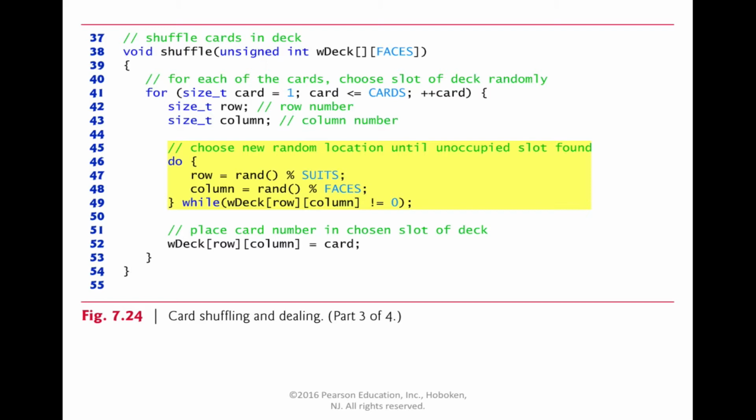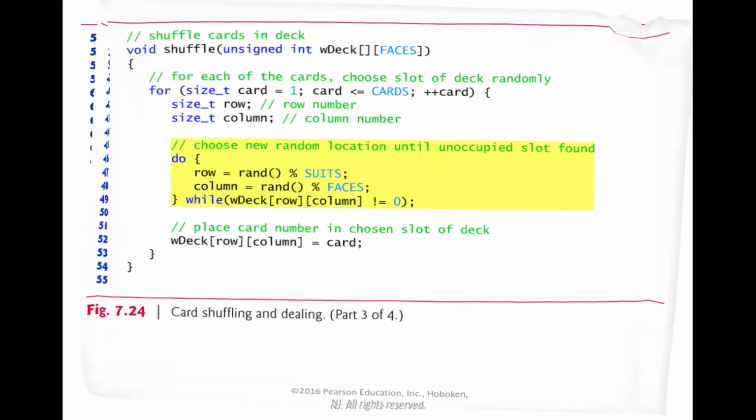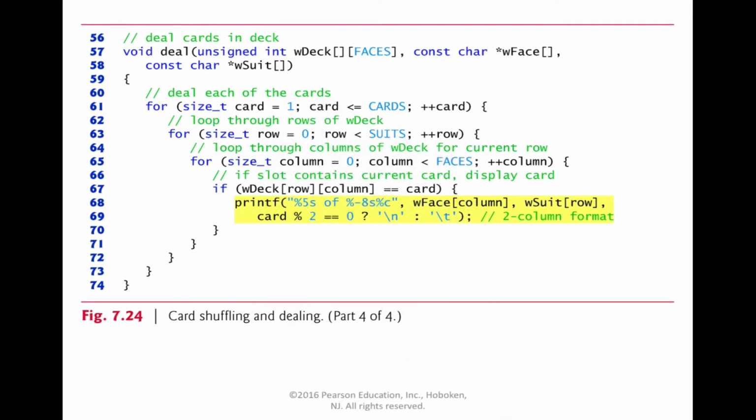We are going to randomly generate a row number and a column number, and as long as that slot is not already occupied, we are going to place that card number in that location. Once we have placed all the card numbers, we're going to call the deal function. So we are going to deal each of the cards.